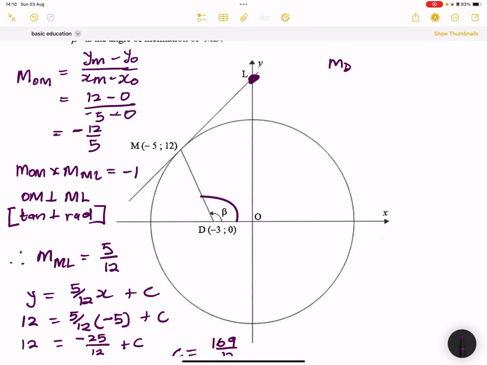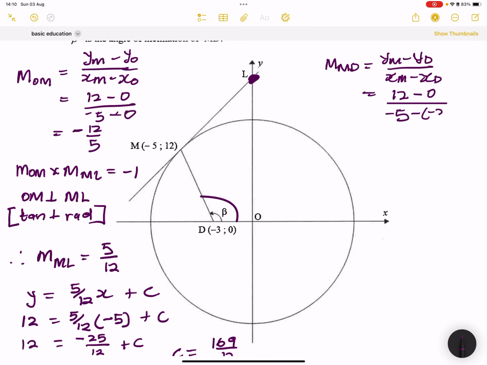the gradient of MD, that's ym minus yd divided by xm minus xd. So I've got 12 minus 0 divided by negative 5 minus negative 3.